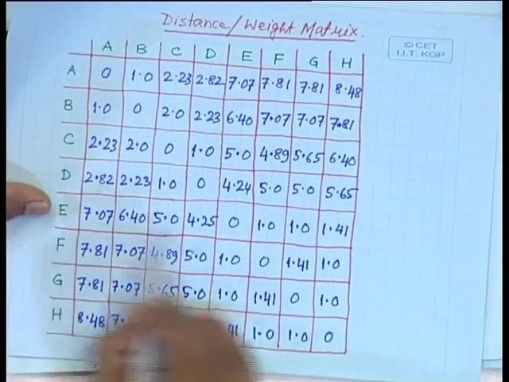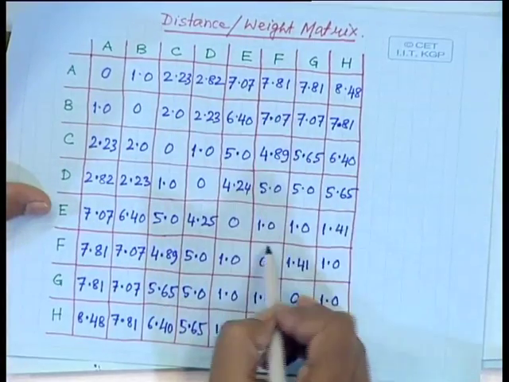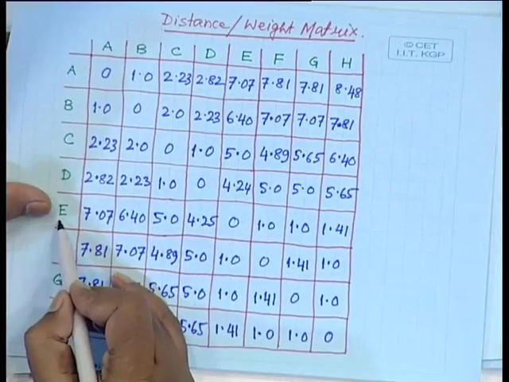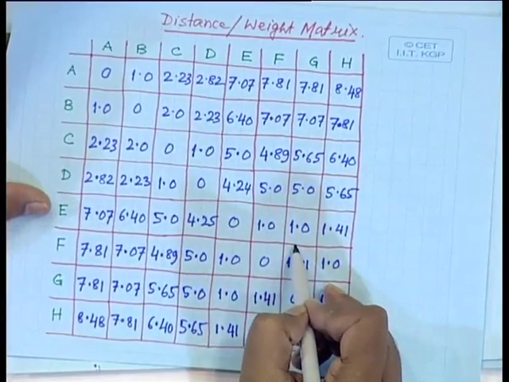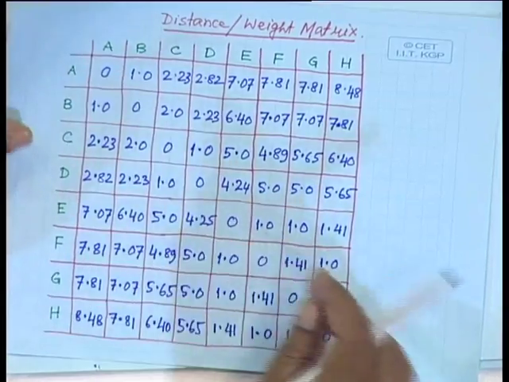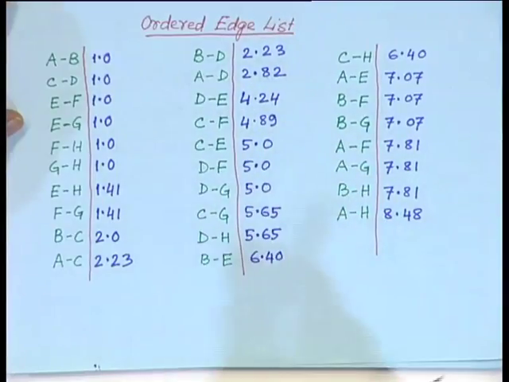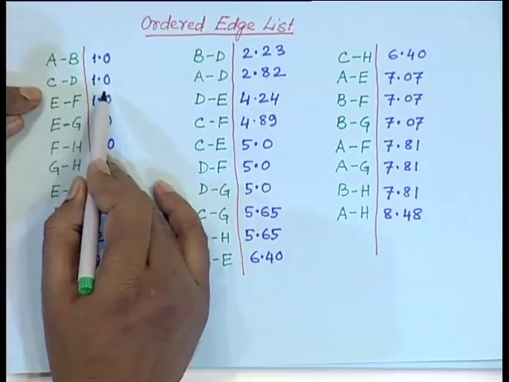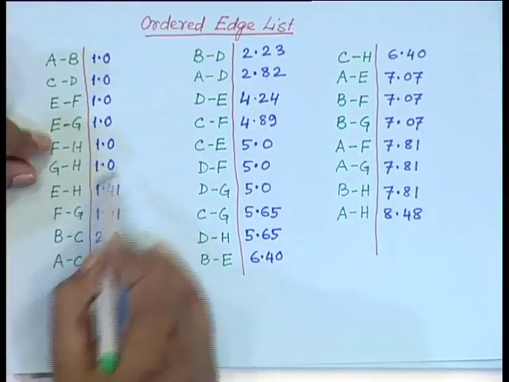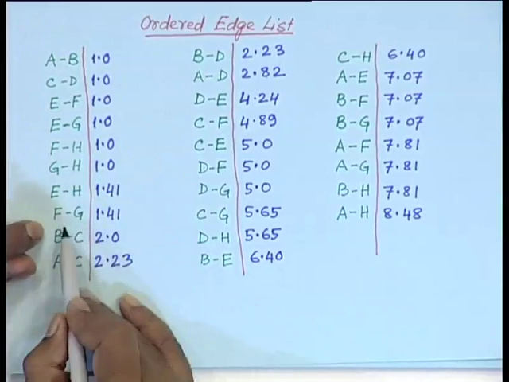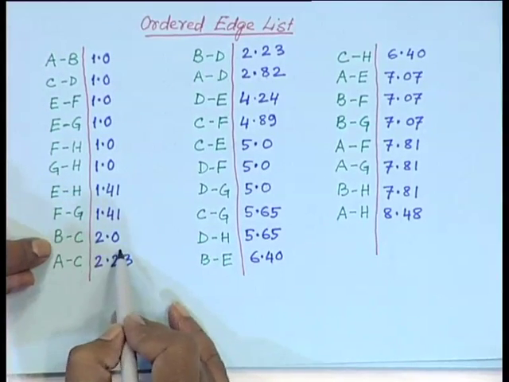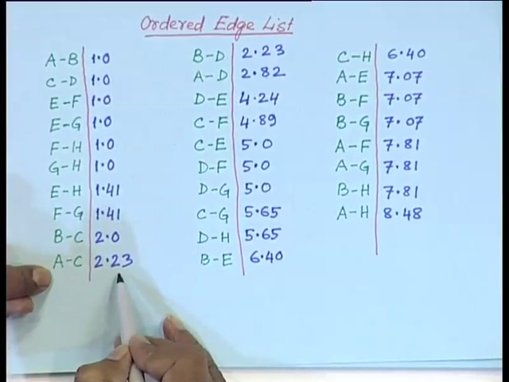For example, the edge between E and F also has a weight 1.0, and the edge between E and G also has a weight 1.0. Similarly, I can find out an edge list, and based on the weights I can put the edges in ascending order of the corresponding weight values. So, I get the edge list like this: AB is 1.0, CD is 1.0, EF is 1.0, and like this, EH is 1.41, FG is 1.41, BC is 2.0, AC is 2.23, and so on.